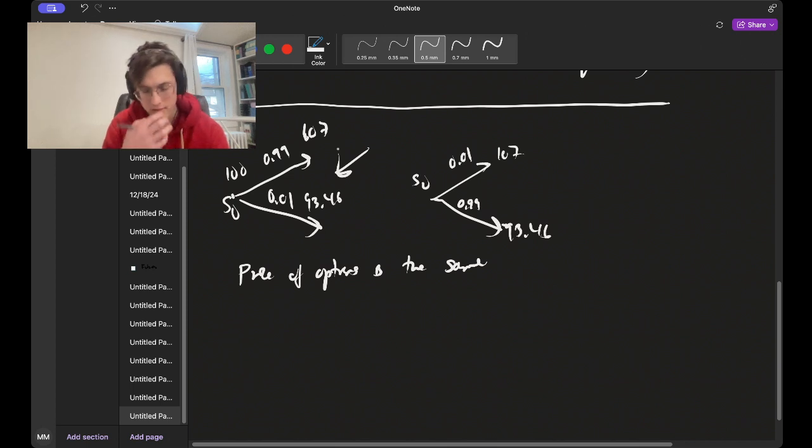The answer, at least the answer given, is that the probability of these options existing in the same economy is very low. So if you have a stock originally priced at S0, and you know for a fact that it's going up to 107 with a probability of 99%, then I think you should definitely just borrow as much money as humanly possible and put it all into the stock, right? And definitely don't buy this one, right? And the moment nobody wants to buy this one, the price of this one should drop like a stone, right?